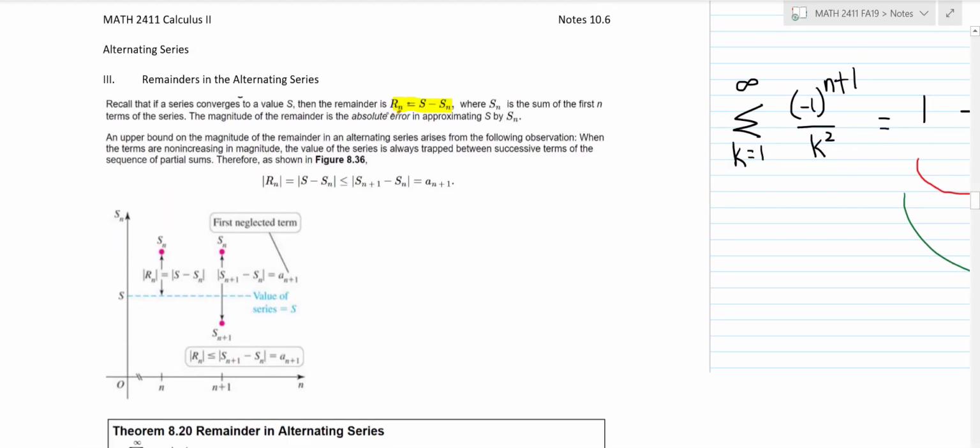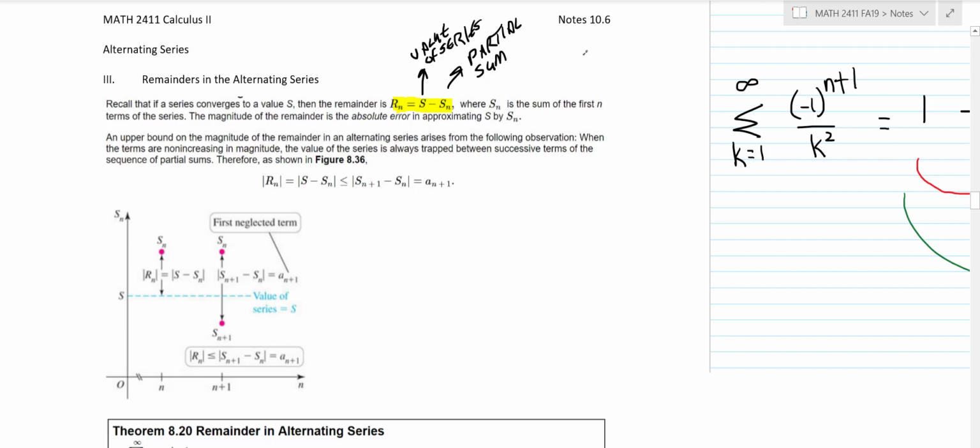Okay, so I've explained what the remainder is, and again, the remainder is just the value of the series minus the partial sum. Okay, so that's what I tried to show you is what that is right there, all right?